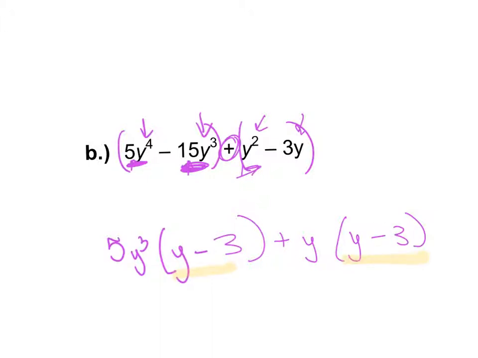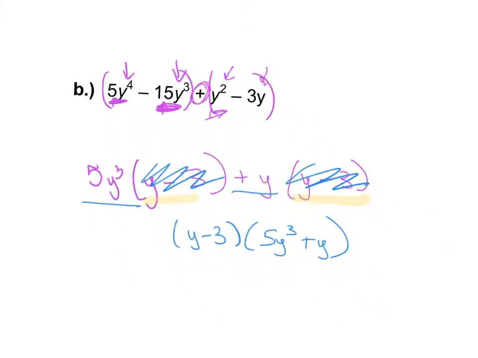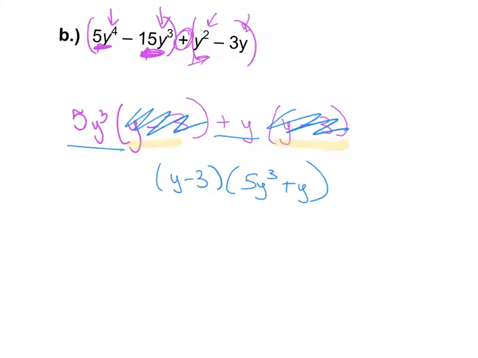What do we have in common? More? That parentheses. I have y minus 3 in common, so I GCF it, I take it out, and I'm left with 5y cubed plus y. Now, at this point, you look at it and go, can I take out any more y's or numbers? Can I take anything else out?